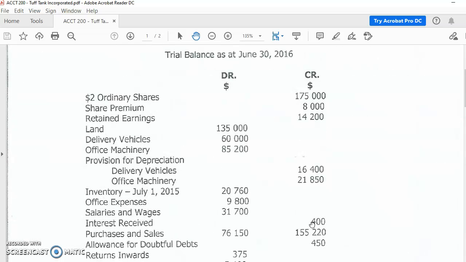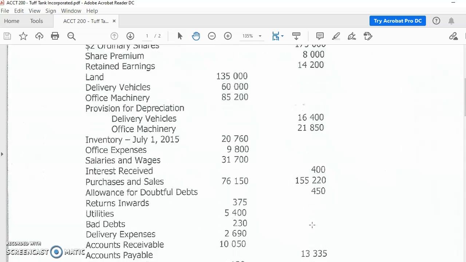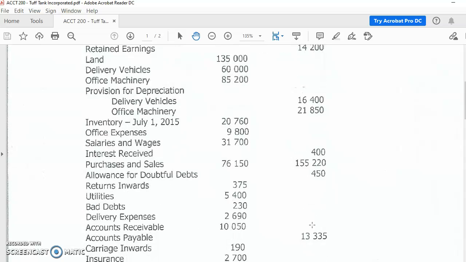Next thing we thought about here is the allowance for doubtful debt, and deciding to make a provision or an allowance for doubtful debt. This is something that is done within the office. It is not done with respect to the delivery crew. This is a decision made within the office environment by management.